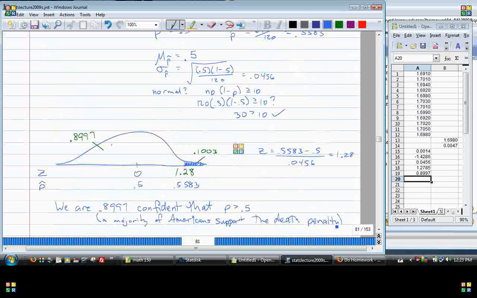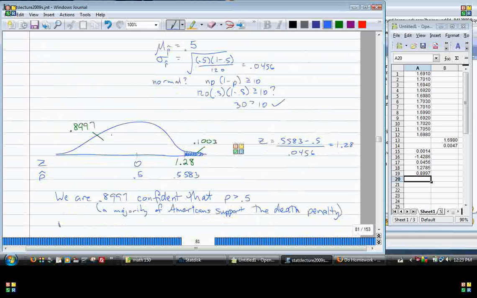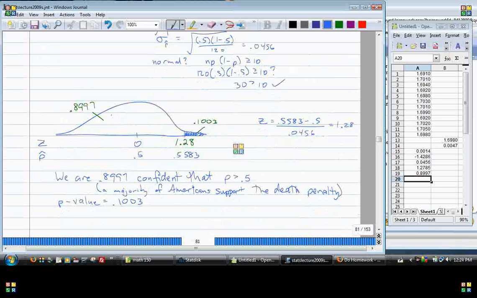Okay. And let's go further. What is your p-value? What's your p-value? Right. And how do you state the conclusion using reject accept?